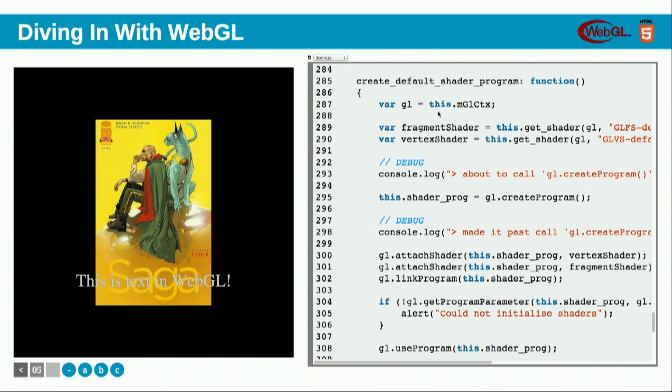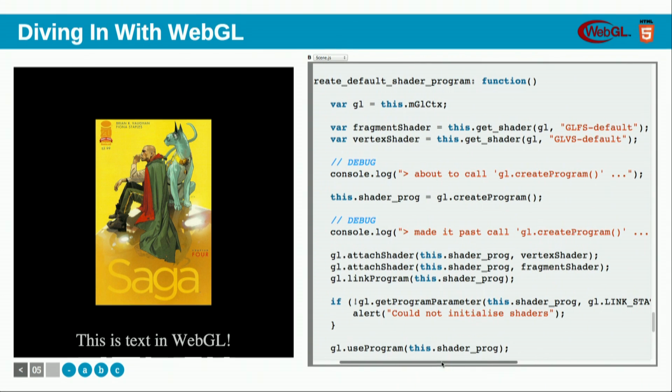So here, this is the scene grabbing its GL context, and this code is just getting the actual text that's in the shader code. The fragment shader and vertex shader are actually just the text that's in those script DOM elements. And here we take the GL context and we create a program.